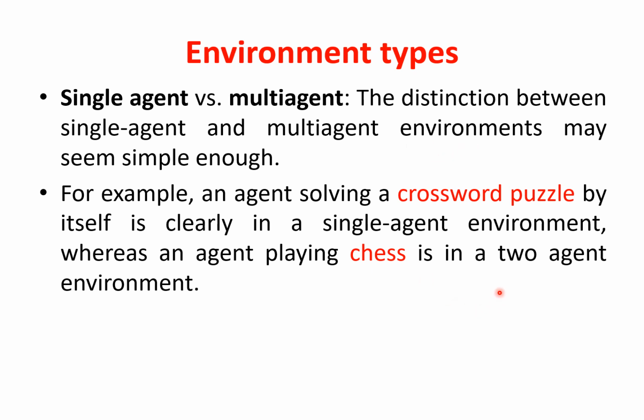For example, an agent playing chess, where it competes against another agent. The distinction between single agent and multi-agent environments helps define the complexity of interactions and strategies required for the agent's decision making.